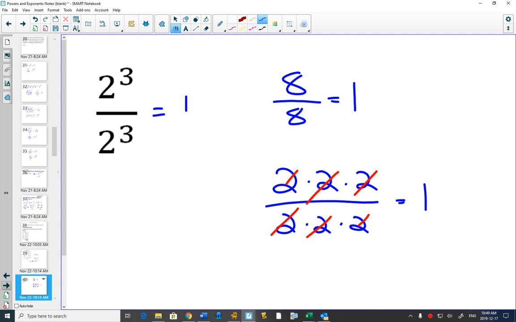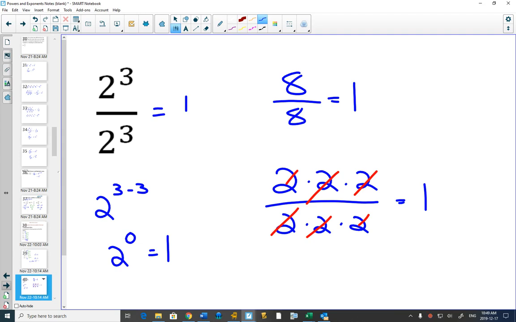Or you could do the exponent law. The exponent law says when you divide, you subtract. And if I subtract, I get 2 to the 0. And 2 to the 0 is equal to 1. So the important thing in mathematics is things have to work out the same every single time, no matter which method you use.